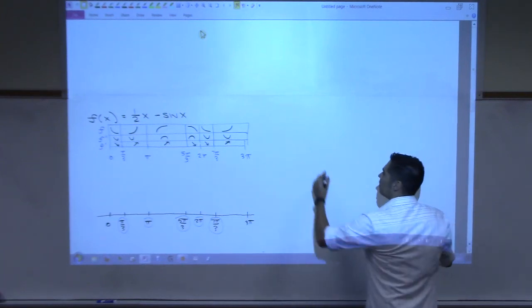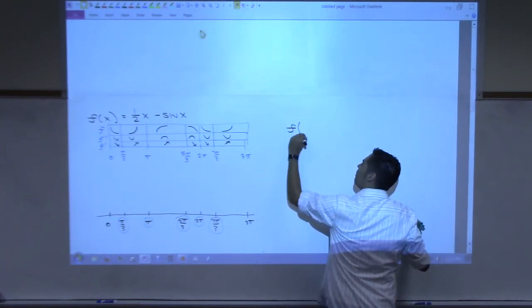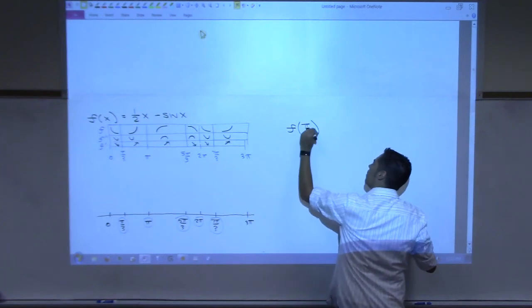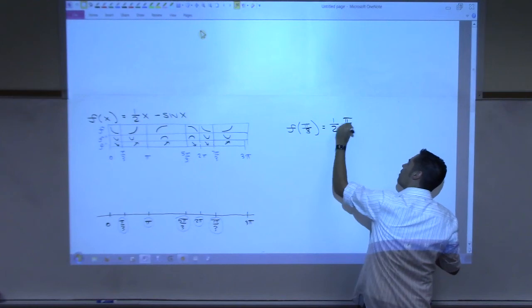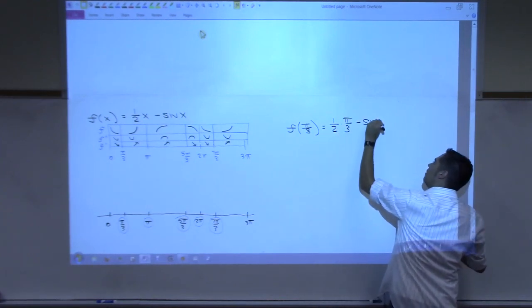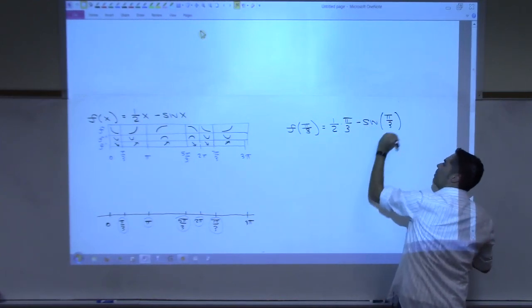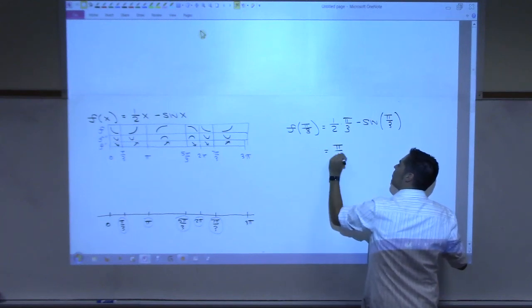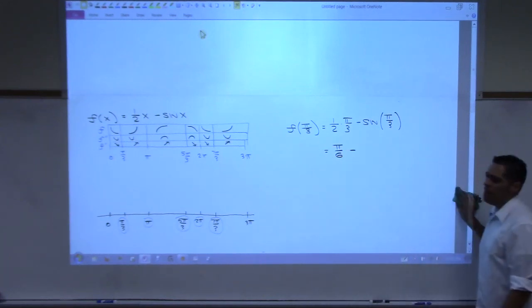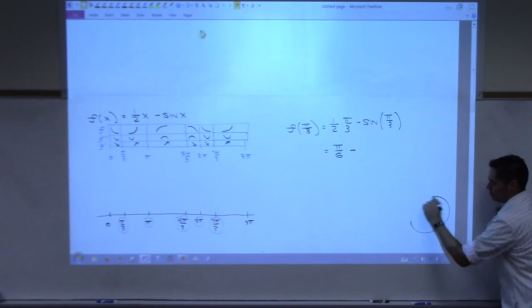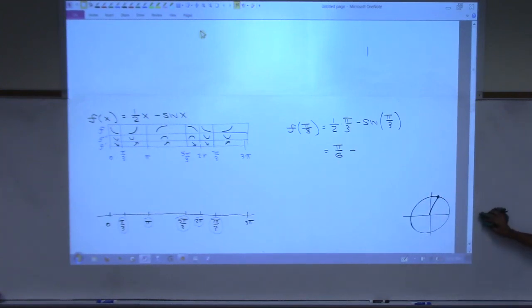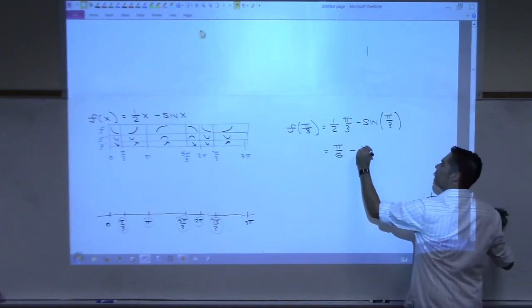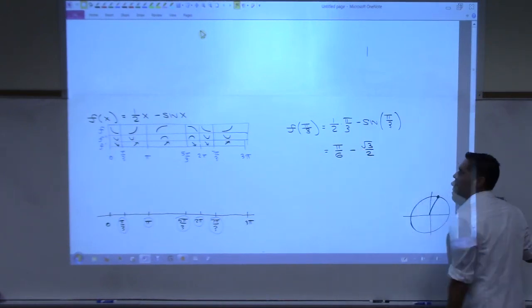Let's try f of pi over 3. That's going to be 1/2 times pi over 3, which is pi over 6, minus sine of pi over 3. What's sine of pi over 3? Root 3 over 2, right? Sine is the y-coordinate. So root 3 over 2 here. I'll need that.